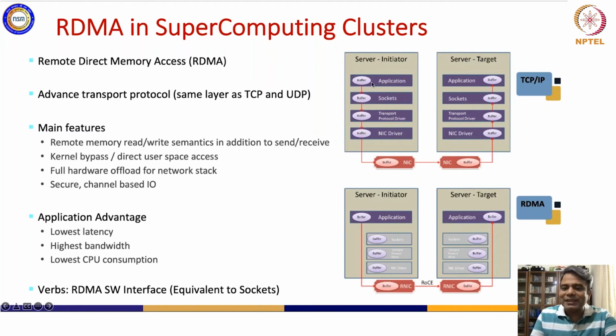The application copies that buffer to the sockets layer, which copies the data to the transport and protocol driver inside the adapter in a server. The adapter breaks it down into, in Ethernet we call it the MTU, a particular transfer unit, and then sends it out through the physical adapter, through the cable we talked about, or through the interconnect media.